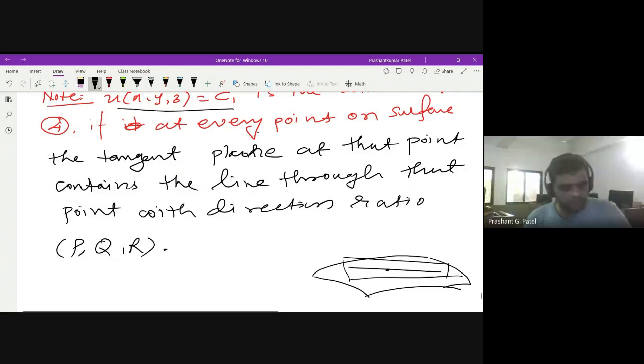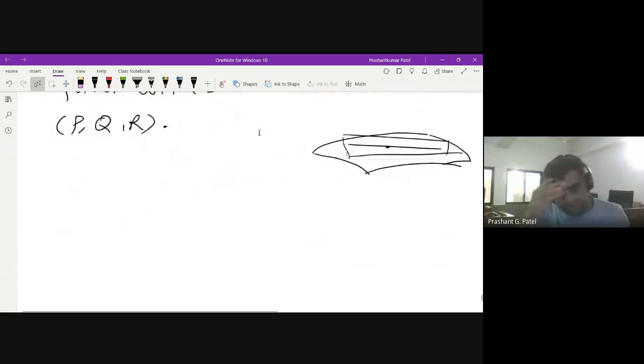And observe that this u equal to constant and v equal to constant are called the characteristic curves.